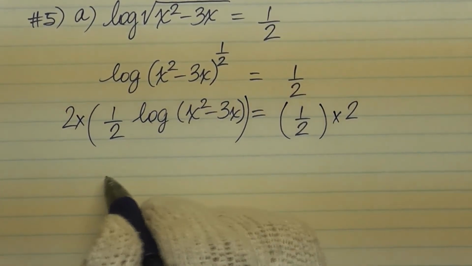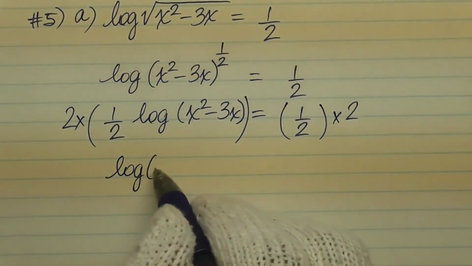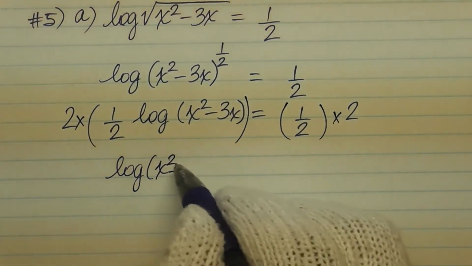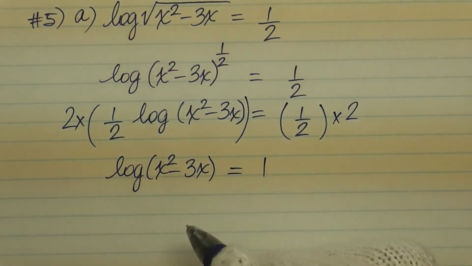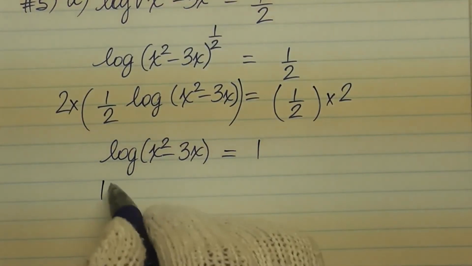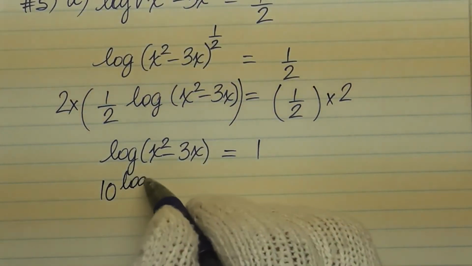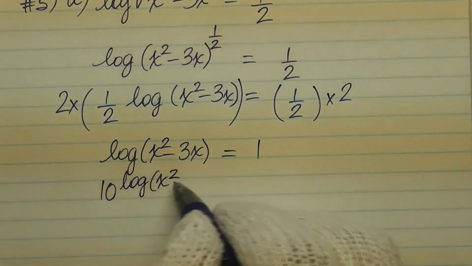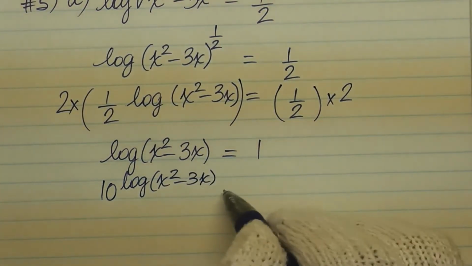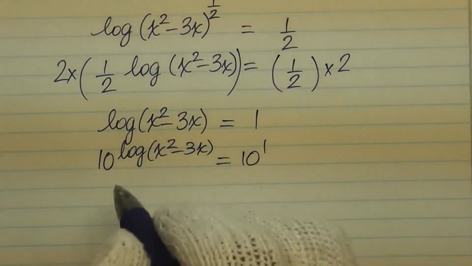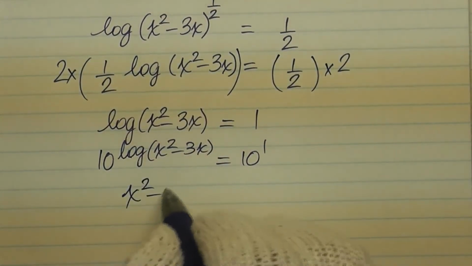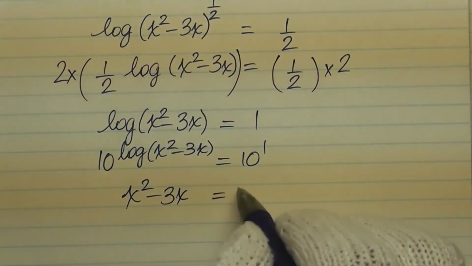And that'll give us log x squared minus 3x equals 1. You can raise both sides to base 10. This will give me x squared minus 3x equals 10.